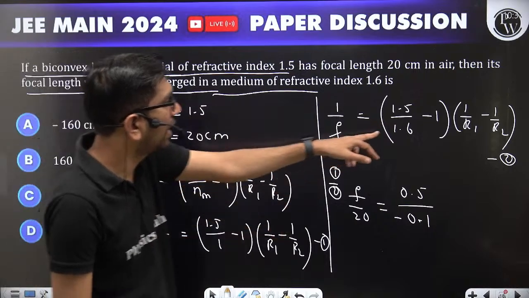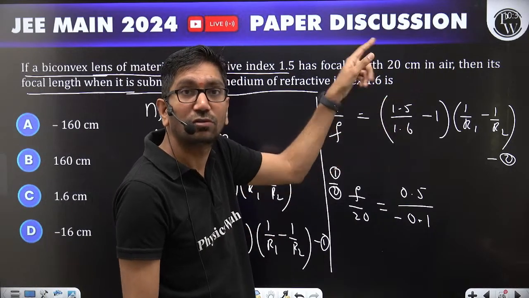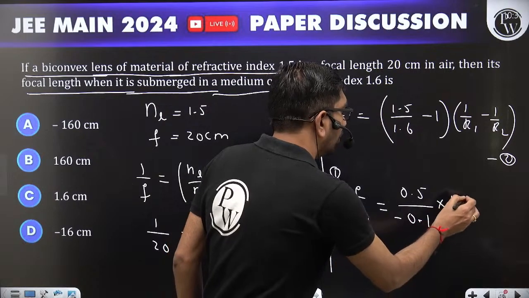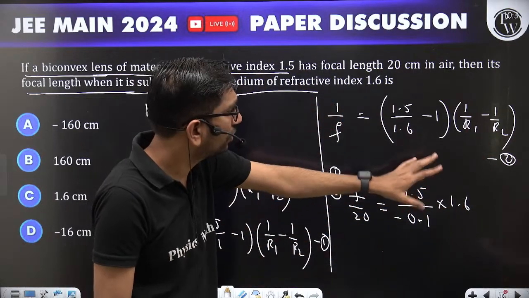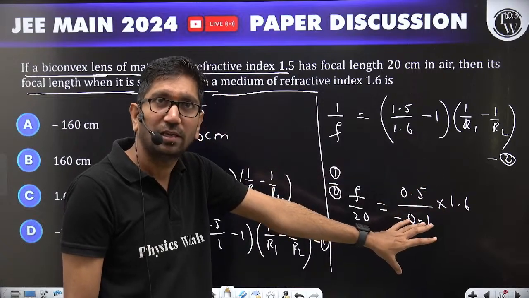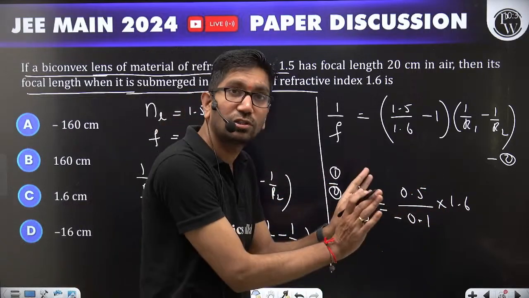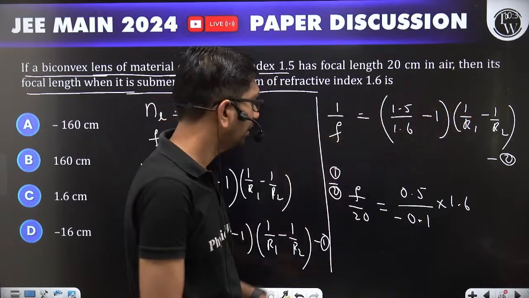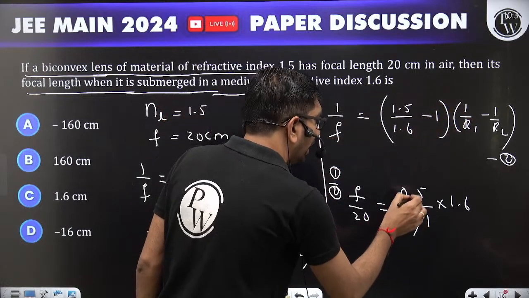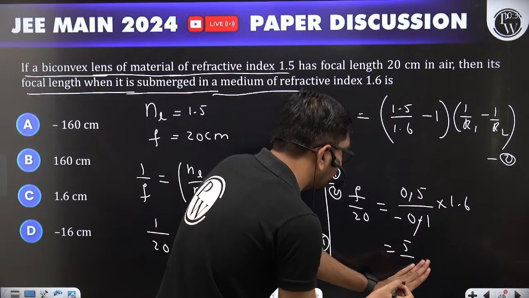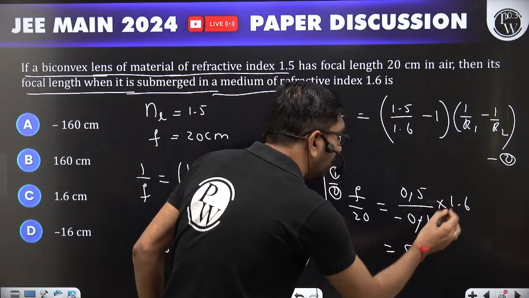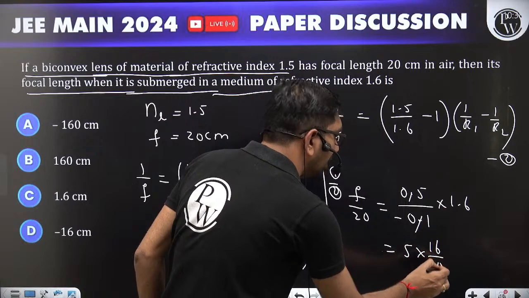After taking the LCM, this 1.6 goes up. Solve it slowly, you will get this only. Now this point and this one get cancelled. So what is left here? 5 and 1.6. We can write this as 16 by 10.